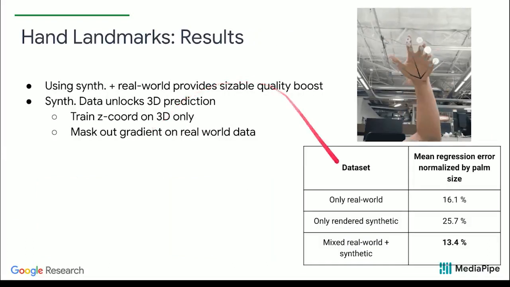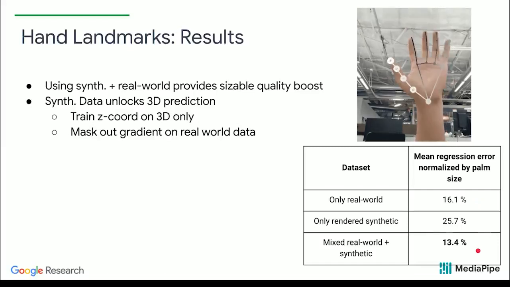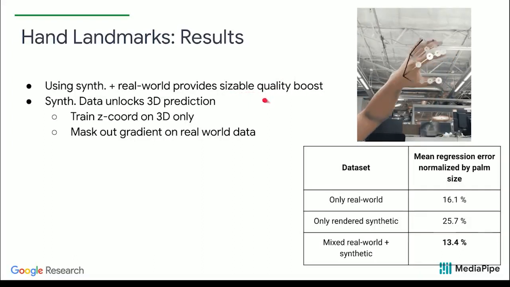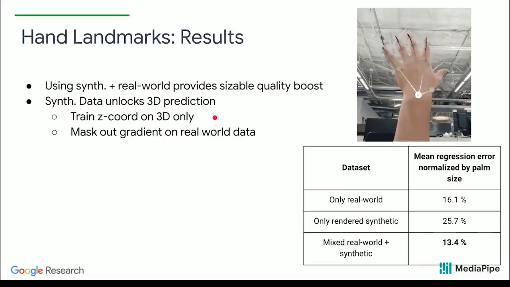If you combine real-world and synthetic data, you can see here you get a sizable quality boost, from 16% error down to 13.4% error. And the synthetic data also helps us to unlock 3D prediction because it's the only one that can provide us with a Z coordinate. And you see this in the example over here. Bright is closer to the camera, dark is further away from the camera.